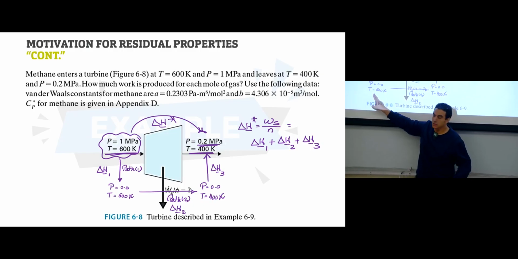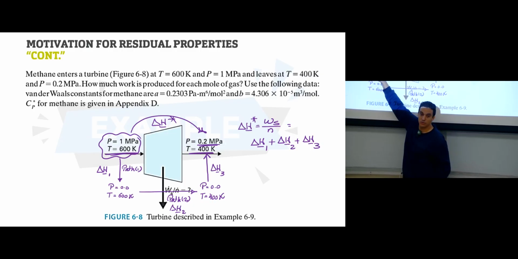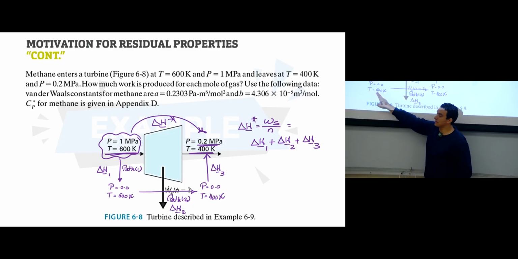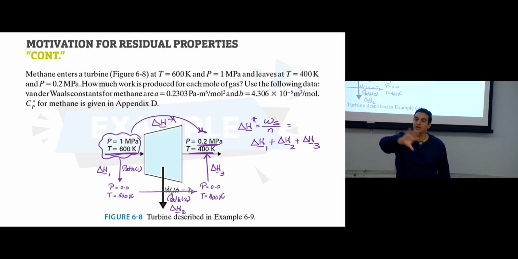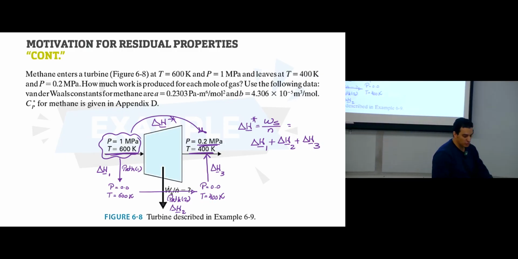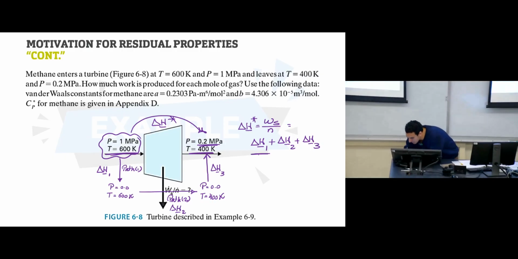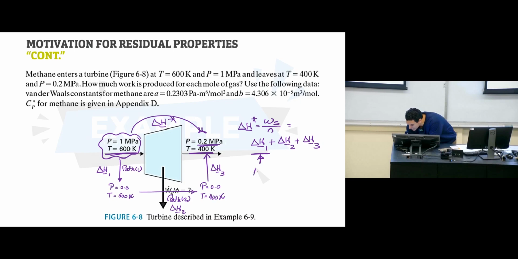Make sense? So here this is enthalpy for real gas, this is enthalpy for ideal gas, and this is the definition of residual property. The property of real gas minus the property at ideal gas conditions. So path number 1, this is the residual property.